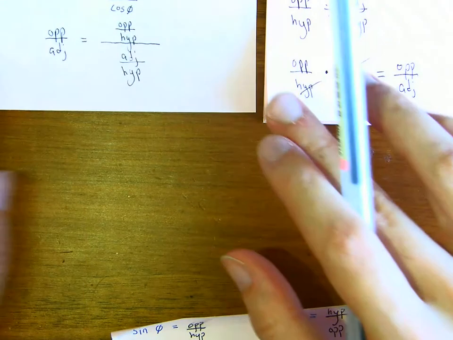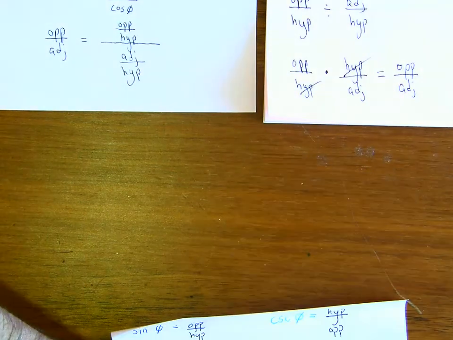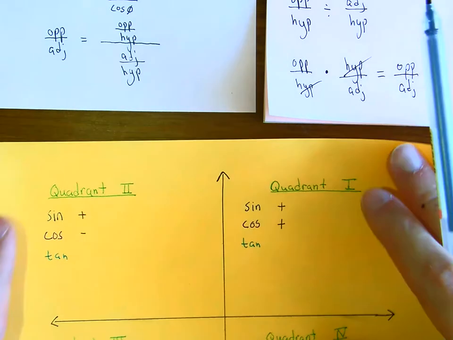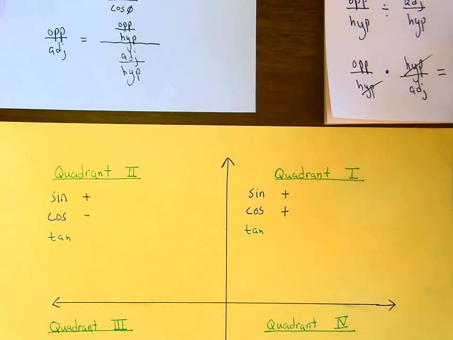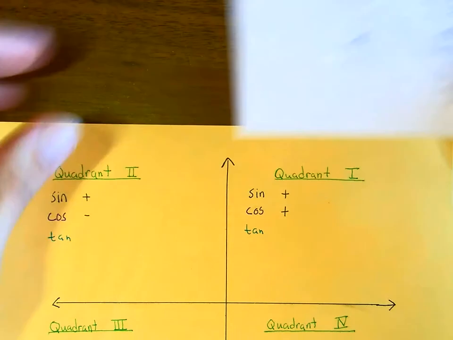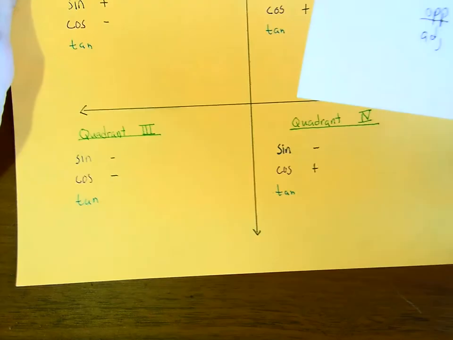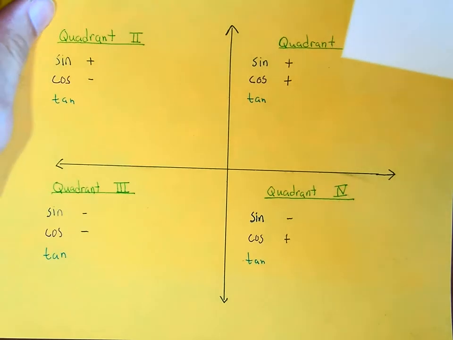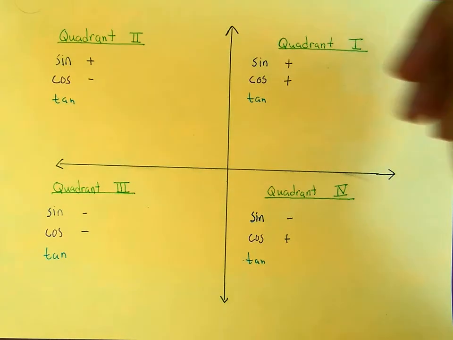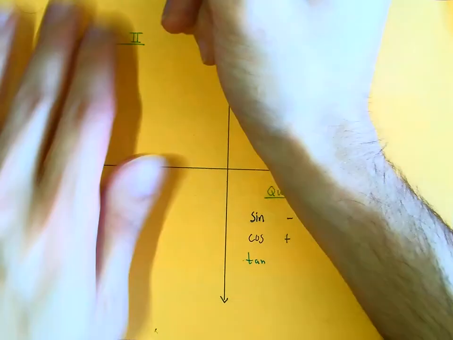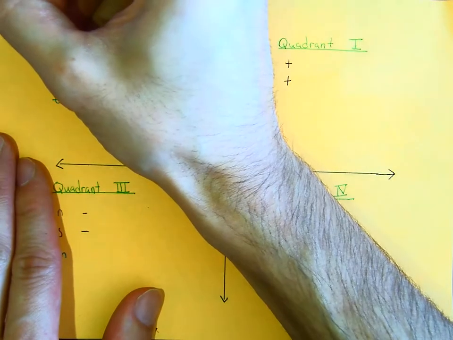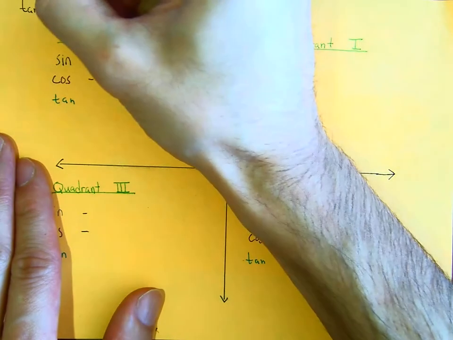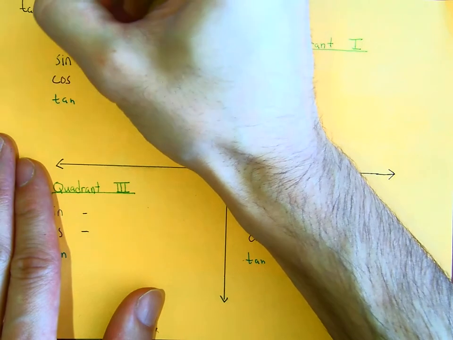So how does this help us determine when tangent is positive or negative? Tangent theta is equal to sine of theta over cosine theta.